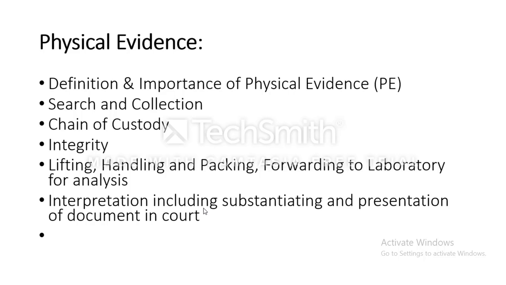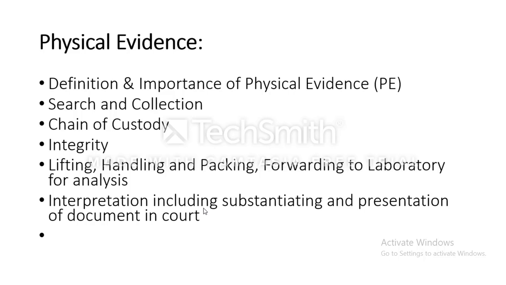The collection of physical evidence also depends on which platform or substratum the evidence is available on. Is it a fixed substratum which is bulky in nature, or a movable substratum?